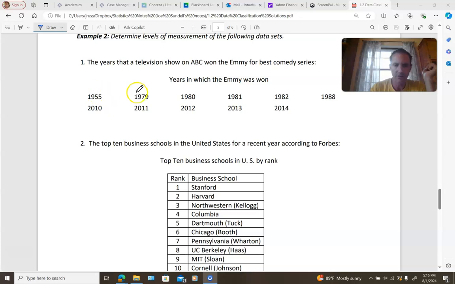So 1955, there's a television show on ABC that won for Best Comedy Series. And then 1979, 1980, 1981. I am going to say that this is interval. This is data at the interval level of measurement, because we can subtract it and we can see meaningful differences here. Okay.